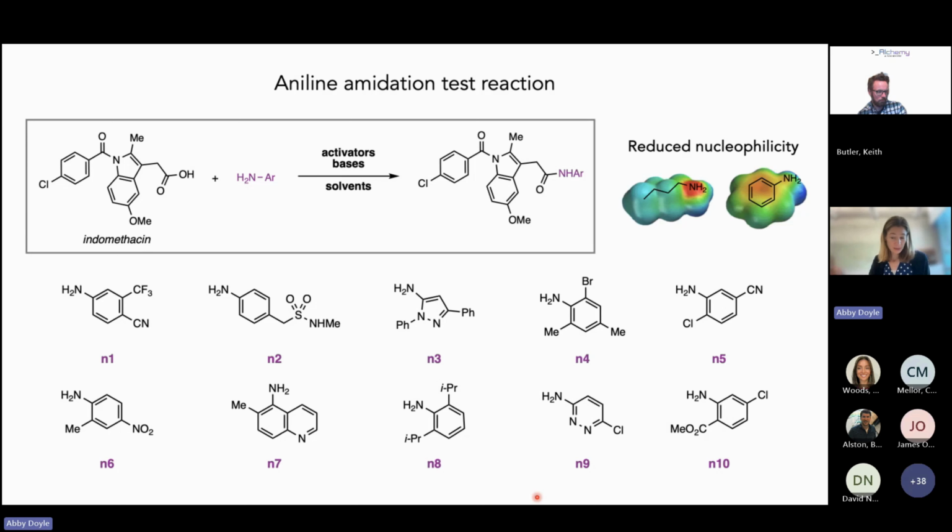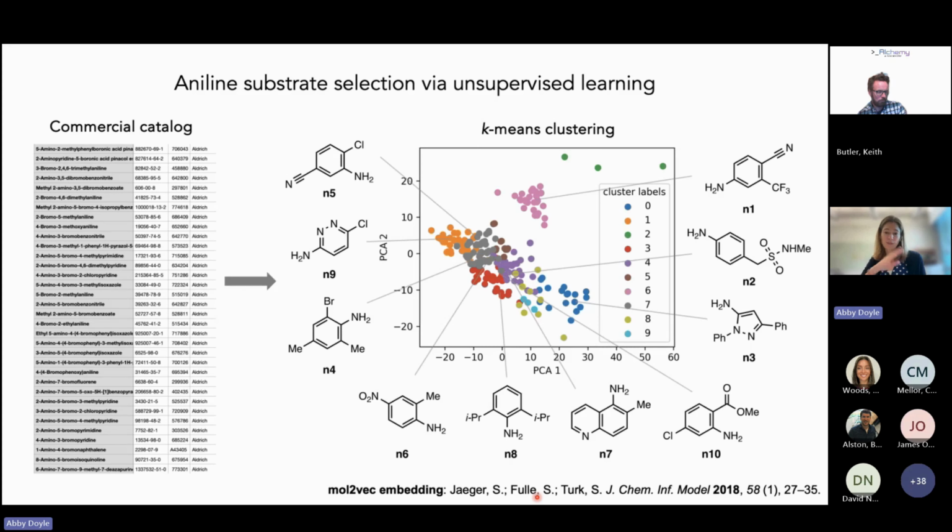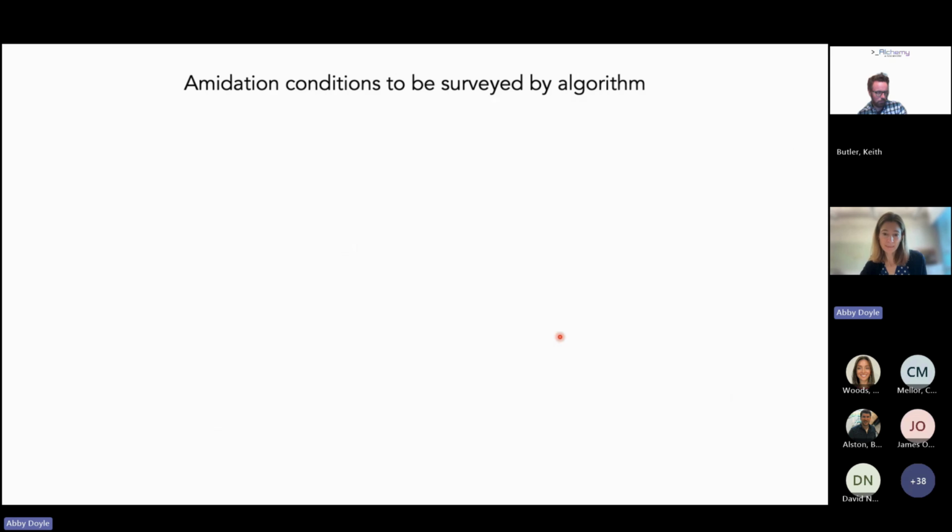We chose these using that workflow I showed you in the early part of the talk, where we took all commercial anilines and did featurization of them. In this case, you're just seeing a PCA plot. And then we chose 10 based off of 10 distinct clusters, so these represent some diversity in aniline space.